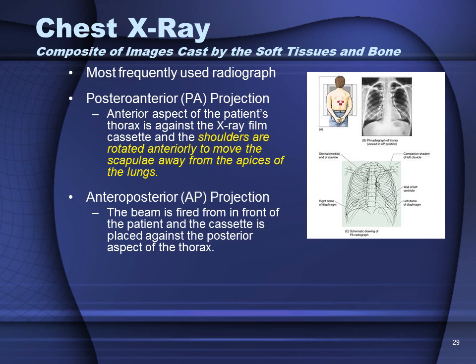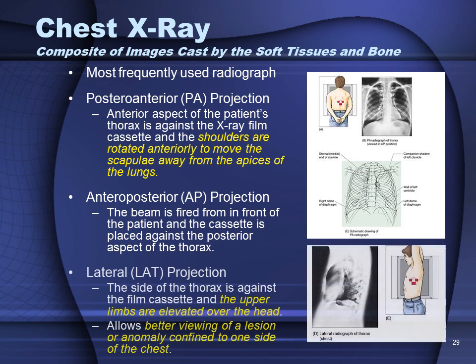This is in contrast to the AP, or the anteroposterior projection, in which the beam is fired from the front of the patient, and the cassette is placed against the posterior aspect of the thorax. And then, of course, we've already mentioned the lateral projection, which is used for better viewing of a lesion that is confined to one side of the chest.